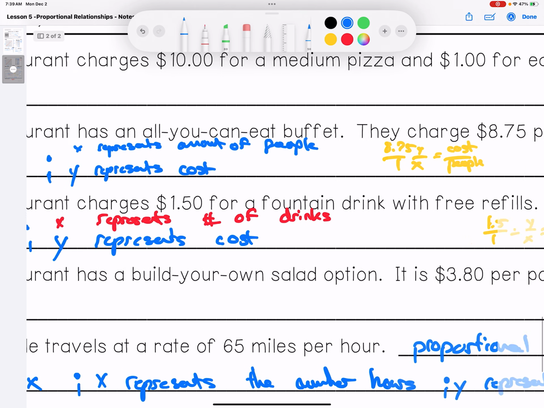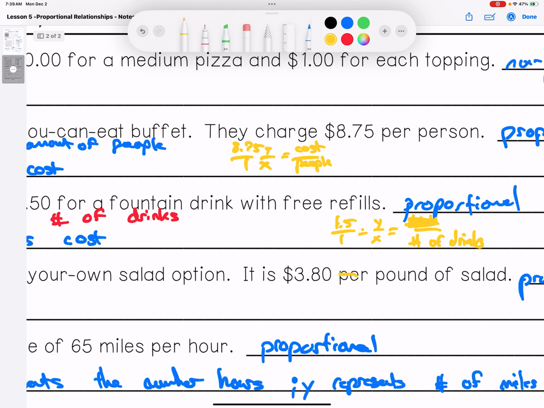It is $3.80 per. That word per right there generally means this is the top and the other is the bottom. But it's $3.80 per pound, so $3.80 on top, pounds on bottom.